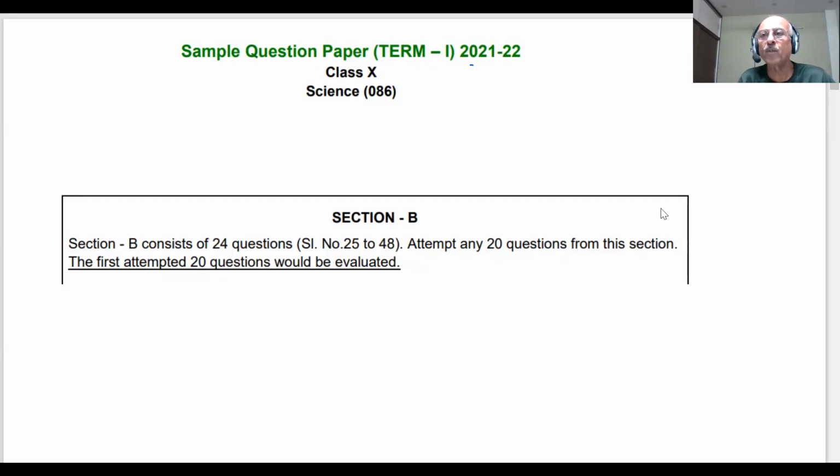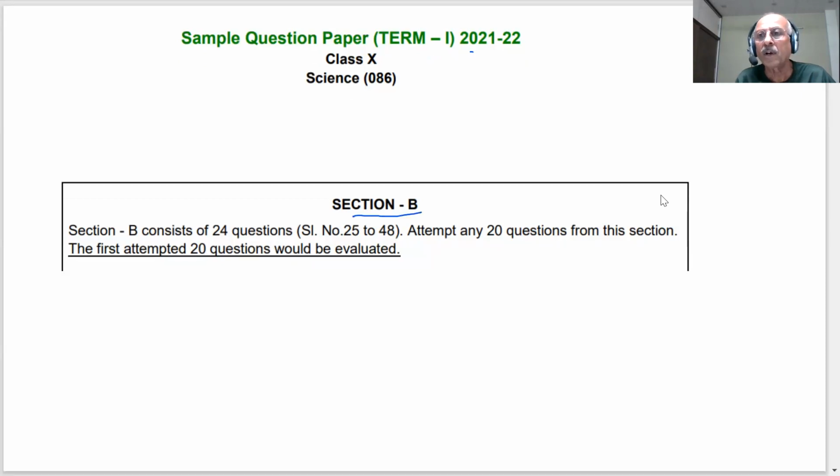We are going to solve sample question paper term 1 2021-2022 for class 10th science 086 Section B today. Last time, students, I solved Section A of the class 10th term 1 sample paper.